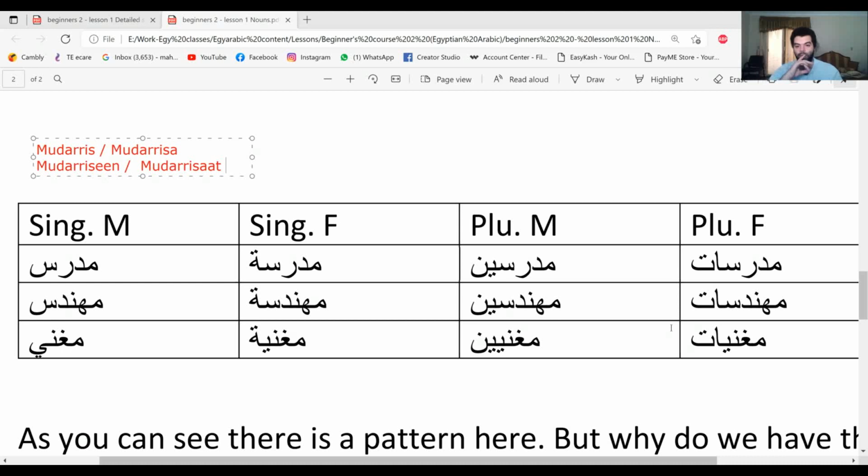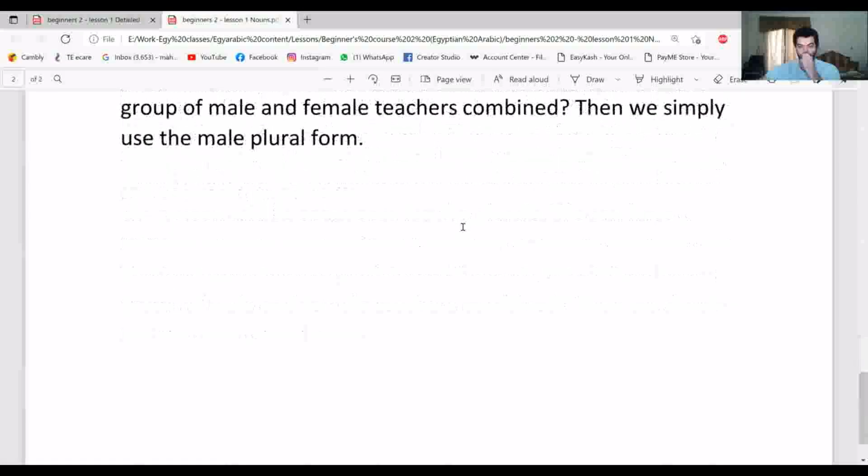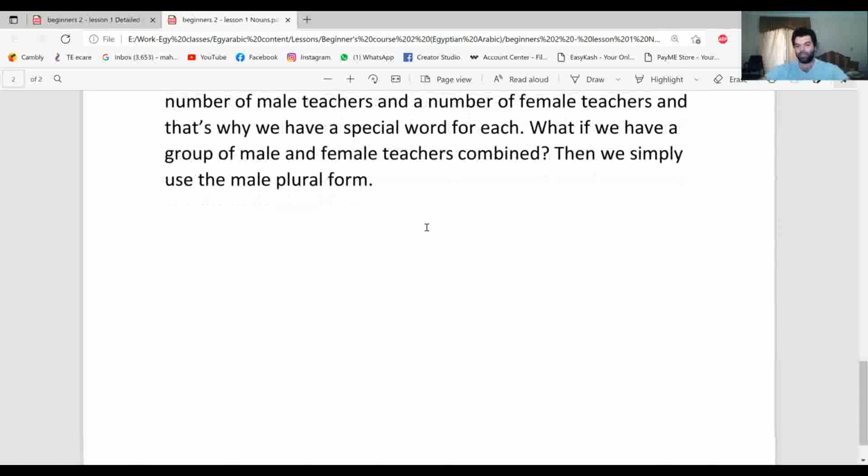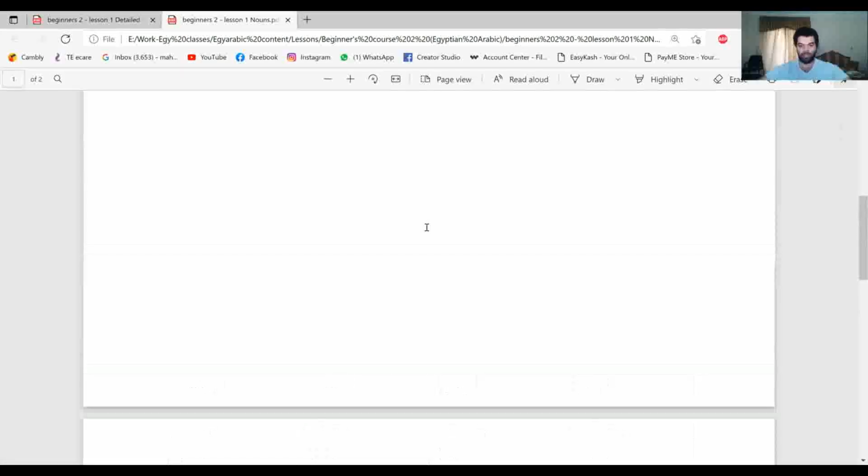For plural males, we say in. For females, we say at. And remember, this is for human nouns, okay? People, not anything else. Good. So this was the grammar that I wanted you to learn about. This is all stuff that you can read. It's basically explaining what I just said.